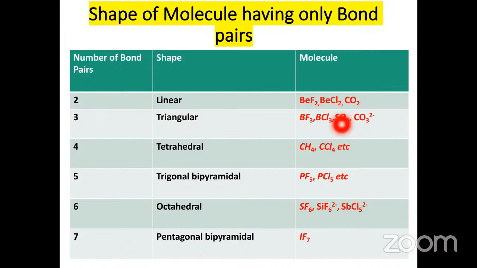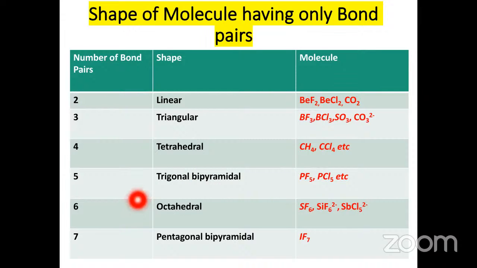These are examples belonging to this shape. And if the number of bond pairs is 4, then that structure is tetrahedral. And these are examples. And if the number of bond pairs is 5, then that shape is trigonal bipyramidal. And these are examples of the trigonal bipyramidal shape.